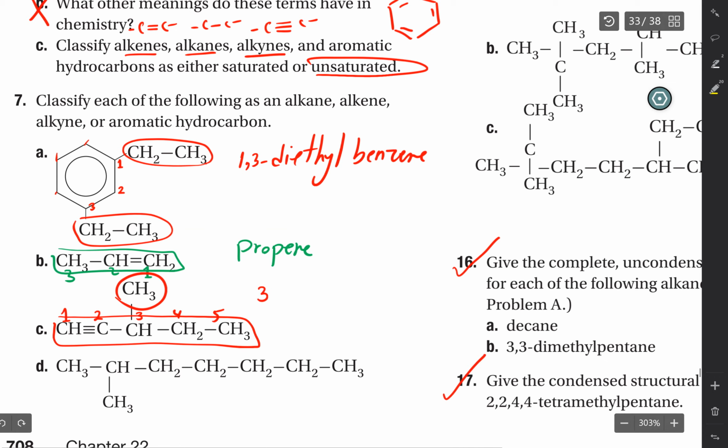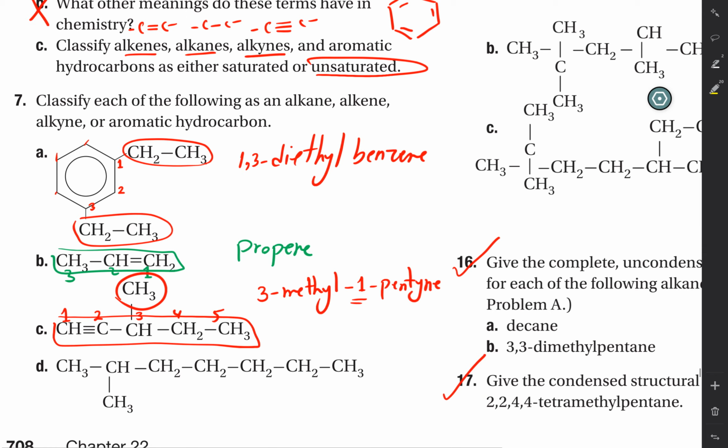So this one is 3-methyl, and I have 5 carbons with the triple bond on the first position. So it's 3-methyl-1-pentyne. YNE because I have a triple bond, and I put 1 here because this triple bond is in the first position.